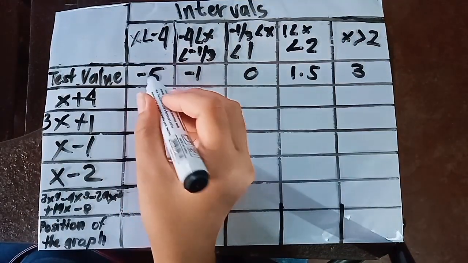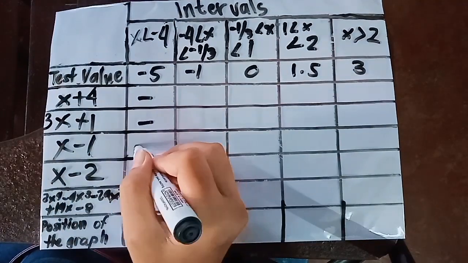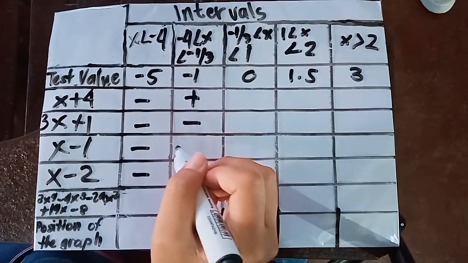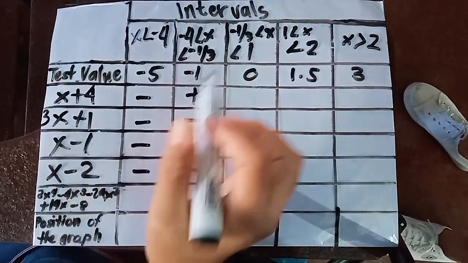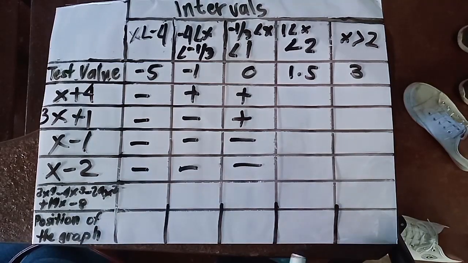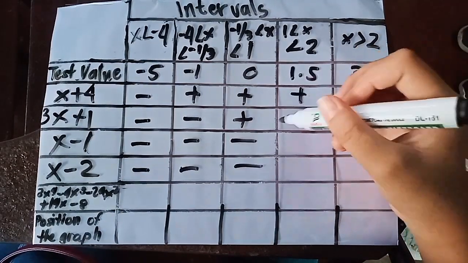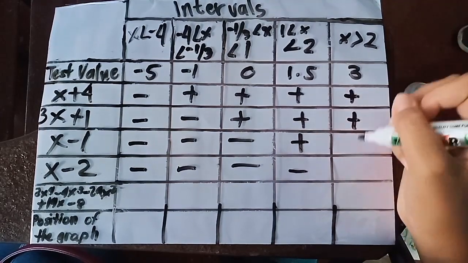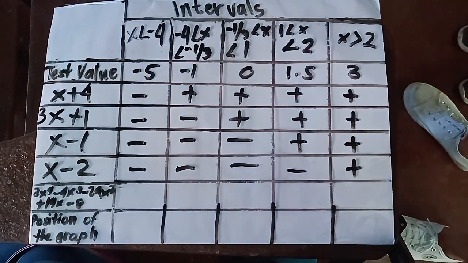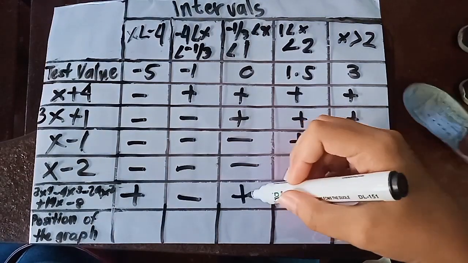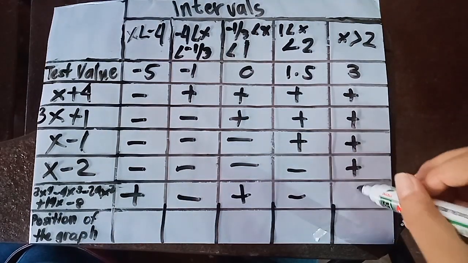Substitute each value to x and determine the signs of each factor. So multiply the signs, so positive, negative, positive, negative, and positive.